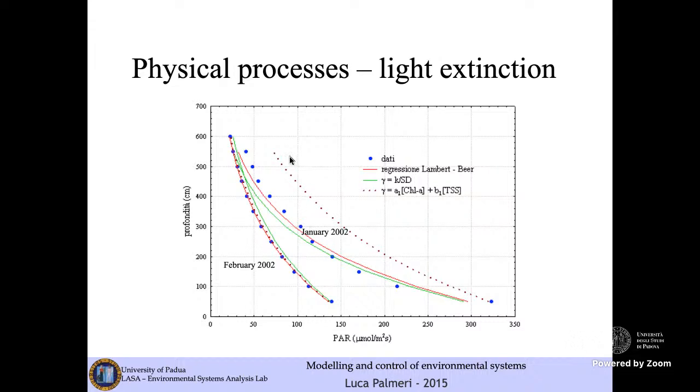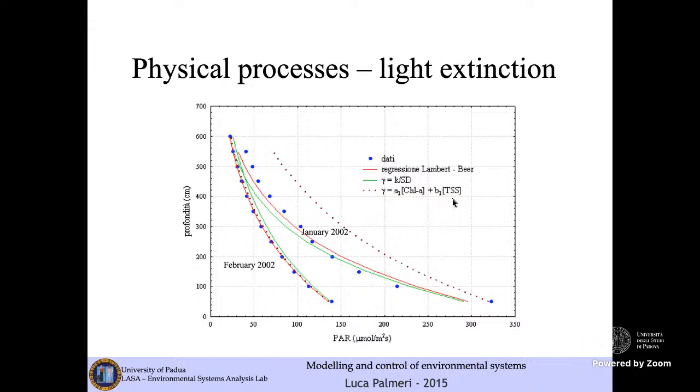There are several ways of making this interpolation, depending on how we model the dependence of the light extinction coefficient K. For example, the green line represents a Secchi disk dependence of the light extinction coefficient, while the dotted line represents a model that explicitly links the light extinction coefficient to the density of algae, whose chlorophyll A is a proxy, and to a quantity of total suspended solids in the body.